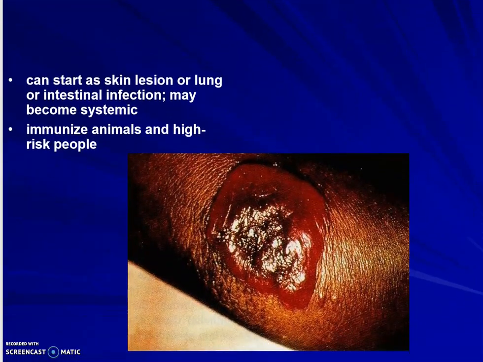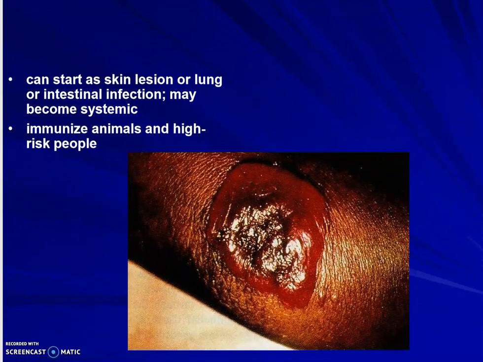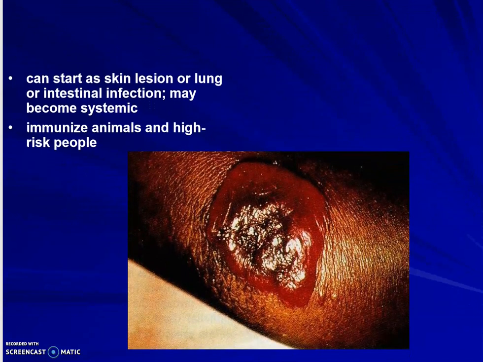Now here, this would be cutaneous anthrax. So this would start as a skin lesion, and then you can see these sores that are breaking open here. The whole thing could become systemic, so body-wide.